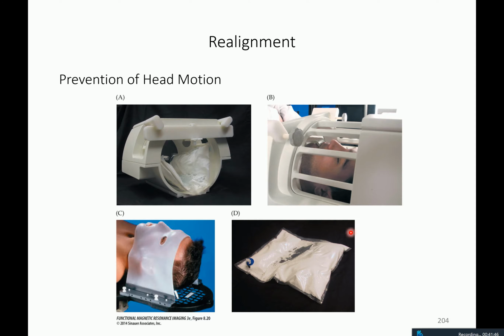The best thing about the whole thing is, of course, preventing head motion in the first place. So usually you put the participant into some cushions. You can also use vacuum-based cushions, where you suck the air out once people are in there, and then they are in a mold that is specific to the head, and they really feel if they move.